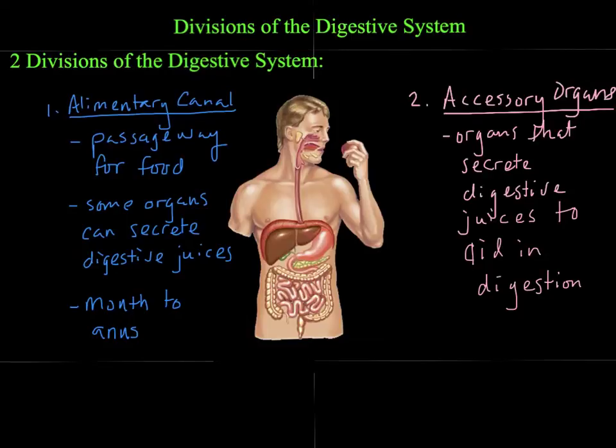The accessory organs of the digestive system are the salivary glands, the liver and gallbladder, and the pancreas.